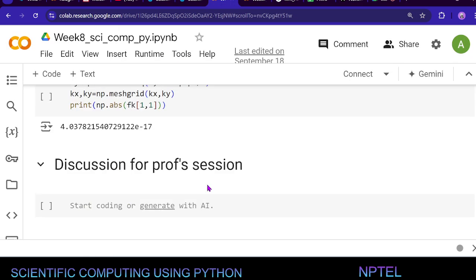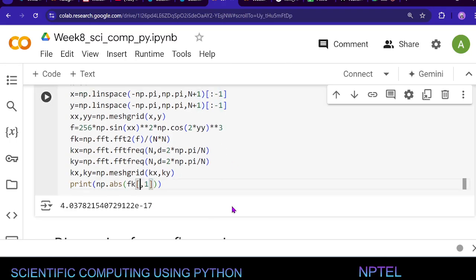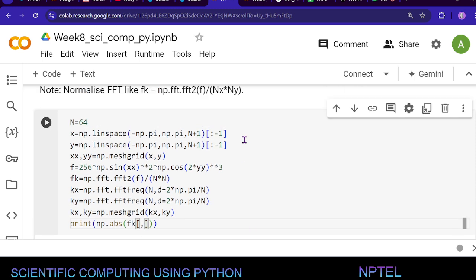This is week 8. Okay, so here, what did you put instead of 1 comma 1? It should be 3 comma 3, right? Because it starts from 0.